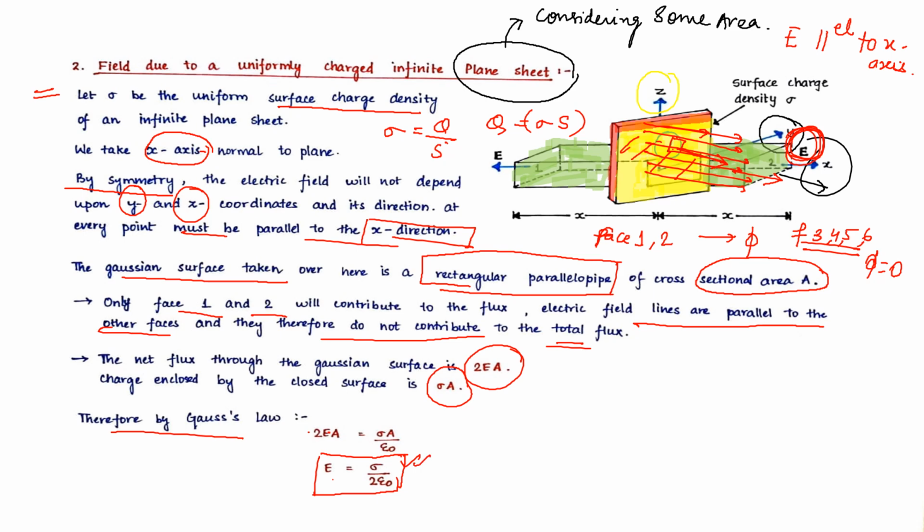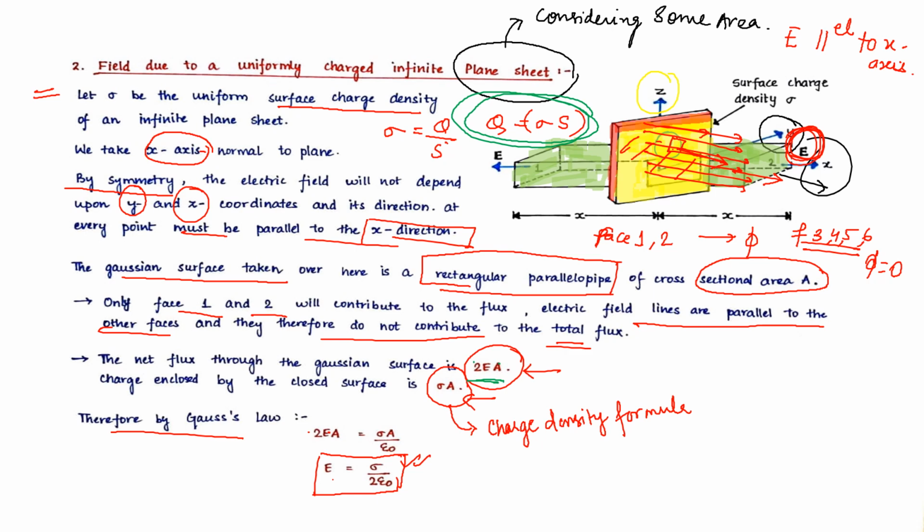The concept which is not clear here is how we get 2EA and sigma A. Sigma A we are getting from the charge density formula. See on the slide, I will mark it with green, this. From here we are getting this. And how we get 2EA, I will explain.